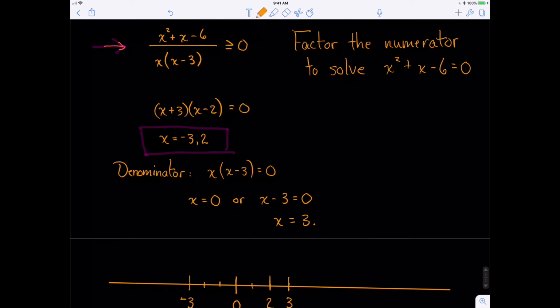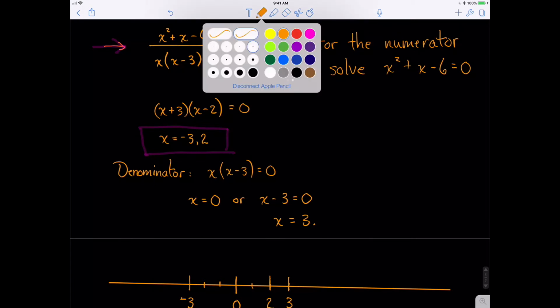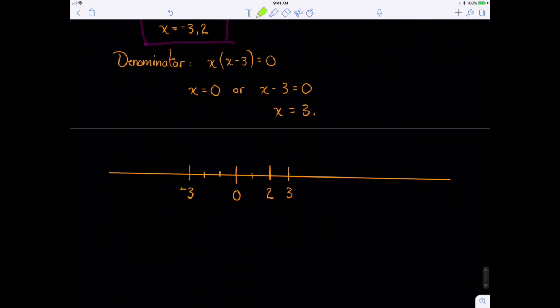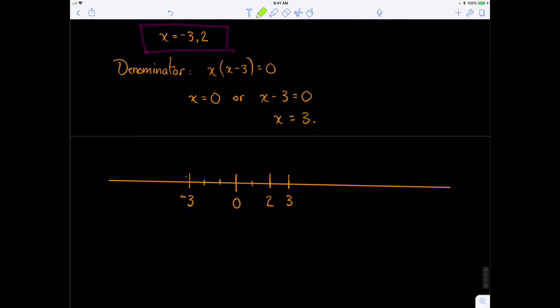I'll get a different color for this, light green today. So for negative 3, I get a dot, and at positive 2, I get a dot. Now, my answers of 0 and 3, those are when the denominator is 0, and that can't happen. So those we use circles.